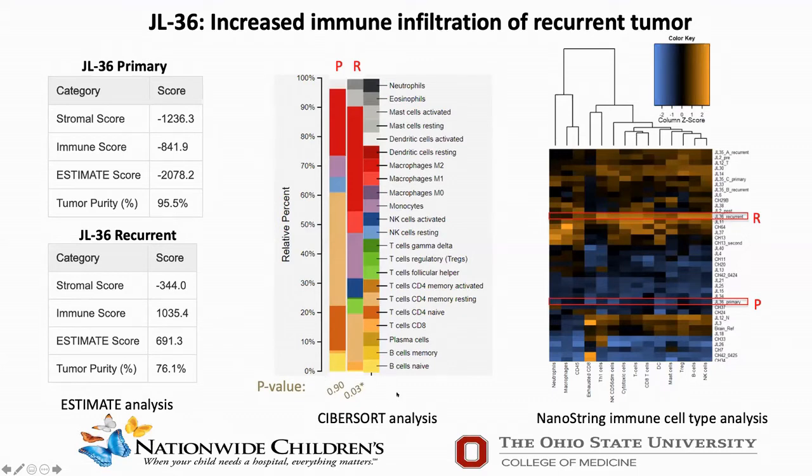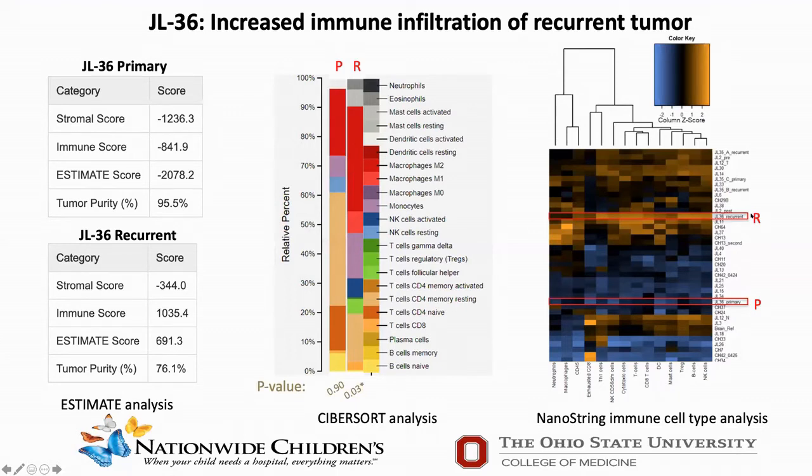In the CIBERSORT analysis shown in the middle, you can see the primary on the far left and the recurrent sample in the middle of this display, showing a significant p-value for the recurrent cancer, with a large infiltration of M2 macrophages as well as monocytes.